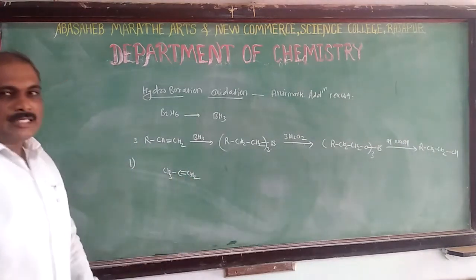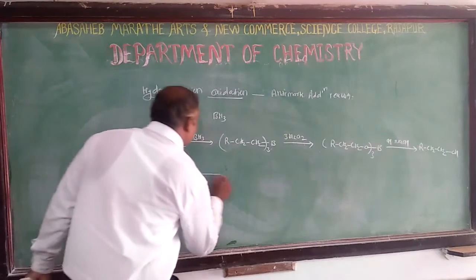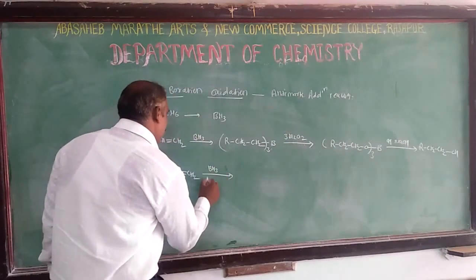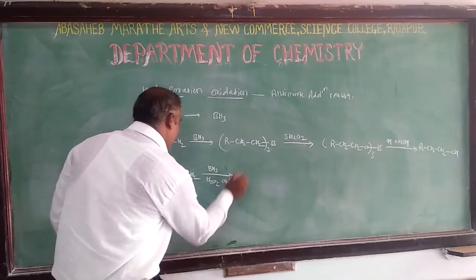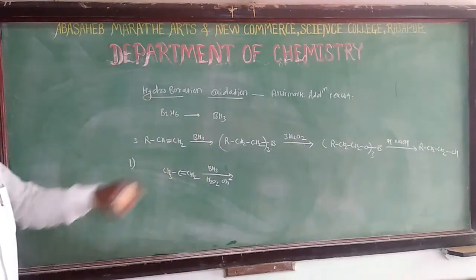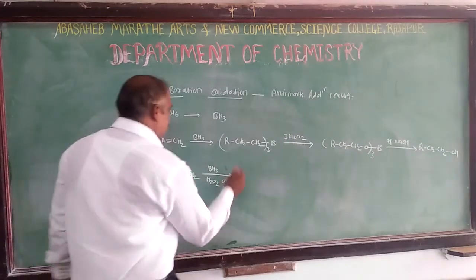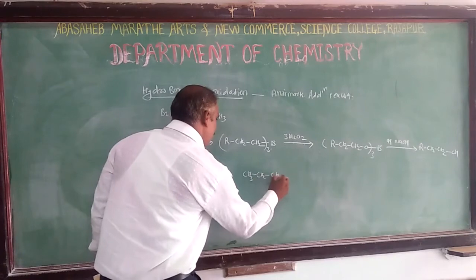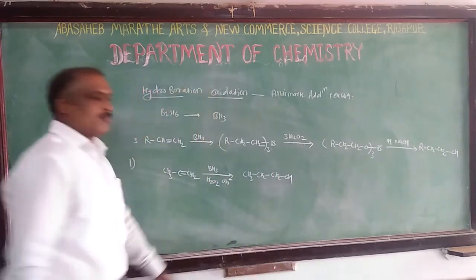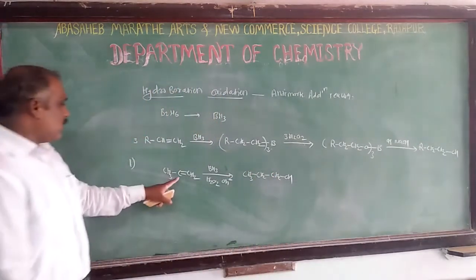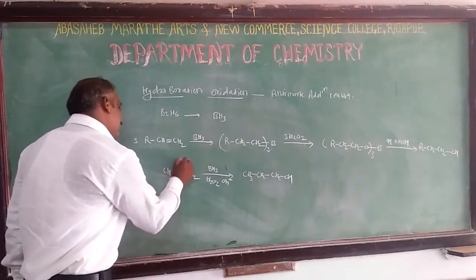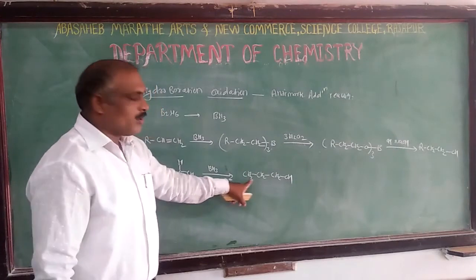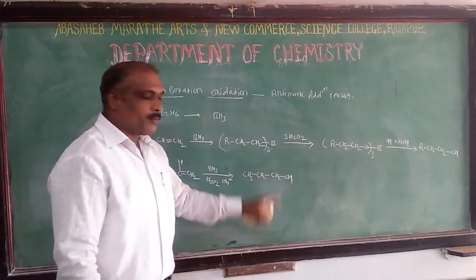Such type of alkene we can treat with the borane to get the product, the corresponding alcohol, CH3CH2CH2OH, primary alcohol as the product. So what is the name? Propanol, 1-propanol.